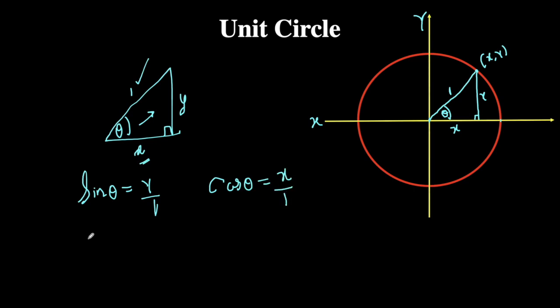So from here you can see that your y is actually just sine theta and your x is cos theta. So this coordinate I can rewrite: x will be replaced by cos theta and y will be replaced by sine theta.